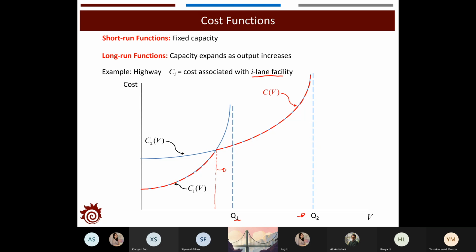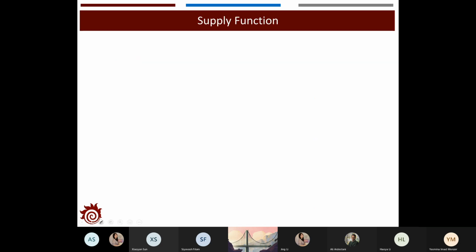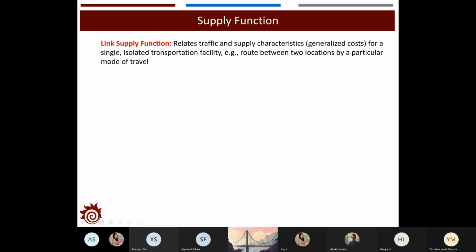This is important for long-term transport planning. But for short-term analysis, we will focus more on the system supply functions, or link supply functions.